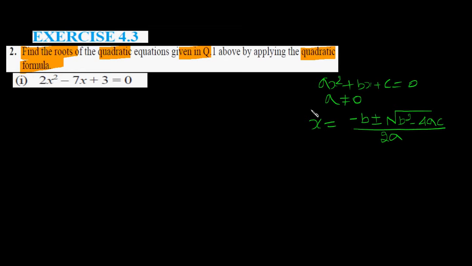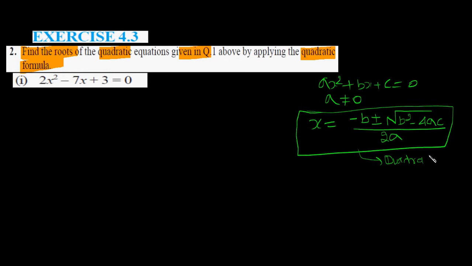This is the root of the quadratic equation given by the quadratic formula. Please remember this is a very important formula in the context of quadratic equations. Here we will have two values of x: one value by using the plus sign, another by using the minus sign.